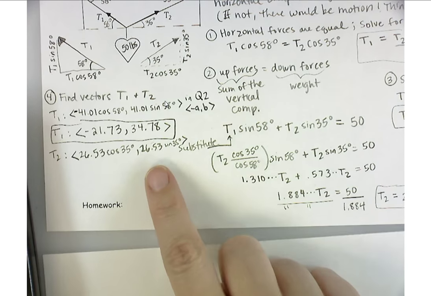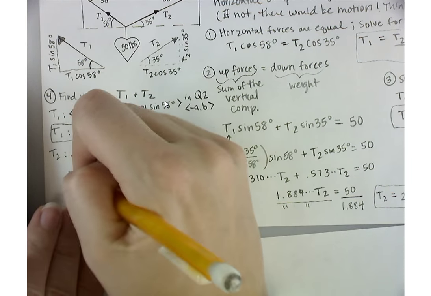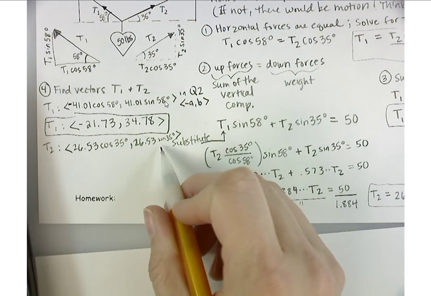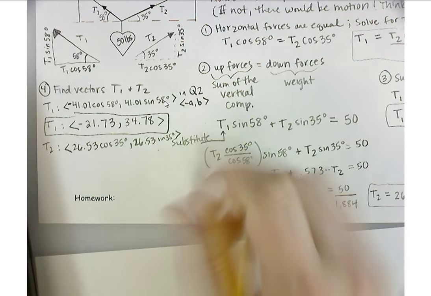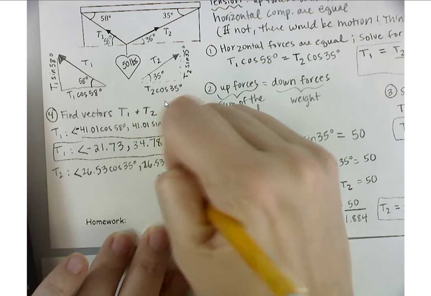Okay, and then I'm going to calculate both of those. Now, for this one, we're in which quadrant? We're in quadrant 1, which means they're both going to be positive.